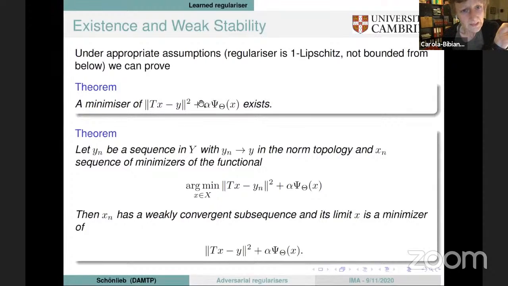So I either get the boundedness from below from the data discrepancy term, or by adding something small to this non-convex regularizer, like an L2 squared. If I do this, then I can prove existence of minimizers. I can prove stability, but in the weak sequential sense. Actually, there are counterexamples showing that you don't get norm stability, but this is what you can do.